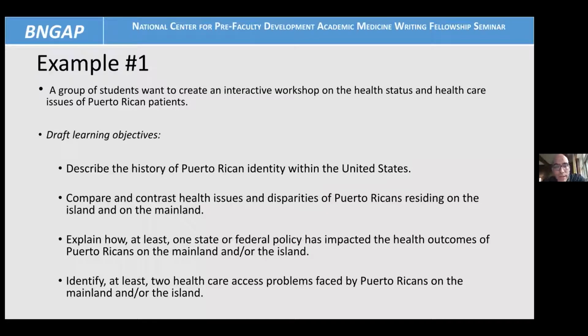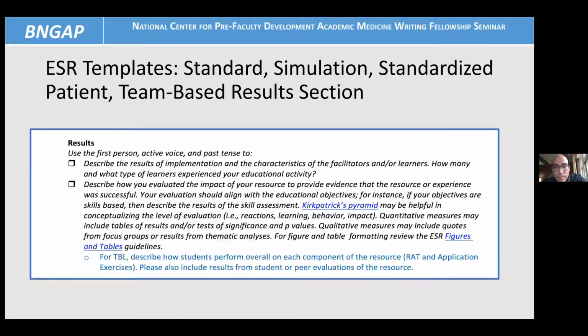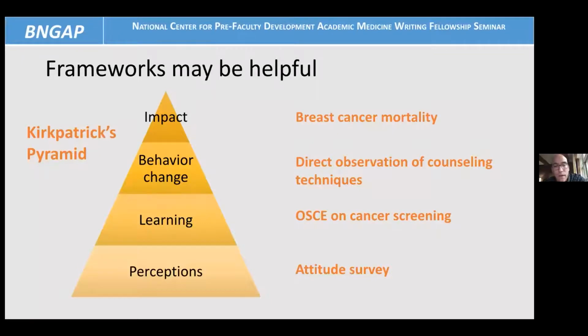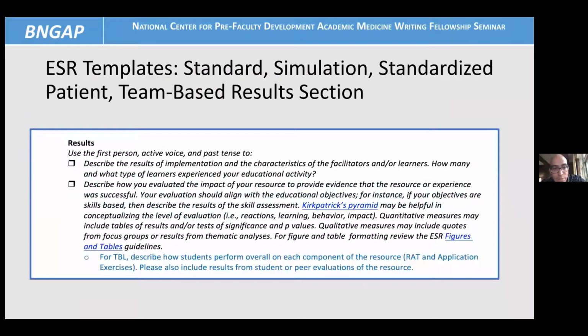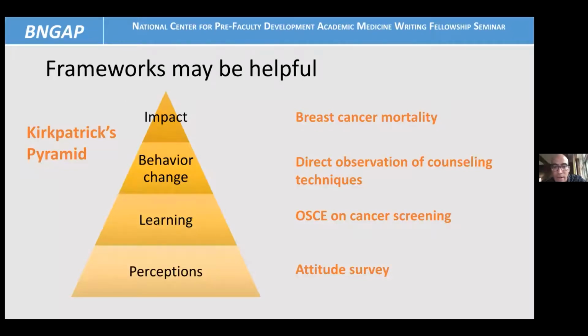All right, so I guess we could start with looking at level 1, perceptions or reactions. What are some ways in which you could evaluate an example workshop in order to capture this perception level, or think about an attitude survey or something like that.